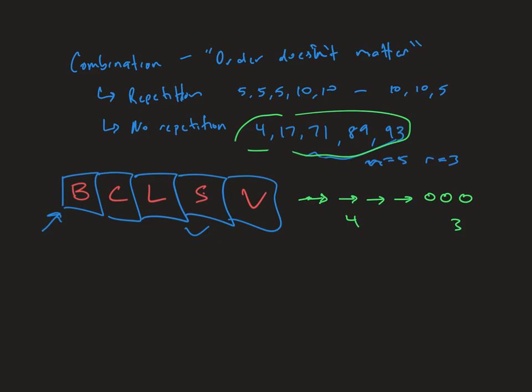If we think about R, because remember our old formula involved N choosing R, here R represents the circles, because that's our scoops. We're choosing our scoops. So R equals 3. And how many positions in total do we have if we let N equal 5, because we have 5 flavors: banana, chocolate, lemon, strawberry, vanilla?